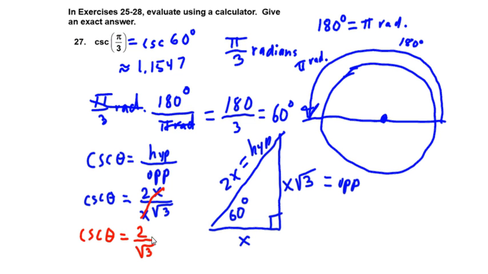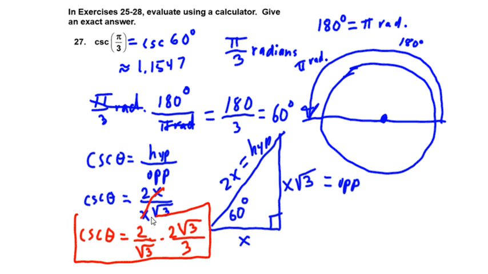Rationalizing, multiplying by square root of 3 over square root of 3, we're going to get 2 square root of 3 over 3. So that'll be our answer. Again, pretty puzzling because it says using a calculator, but the answer is given.